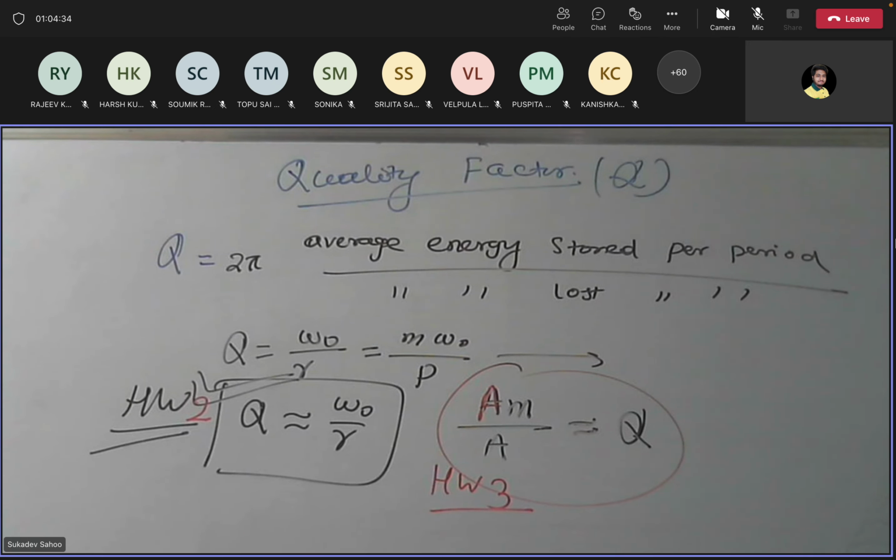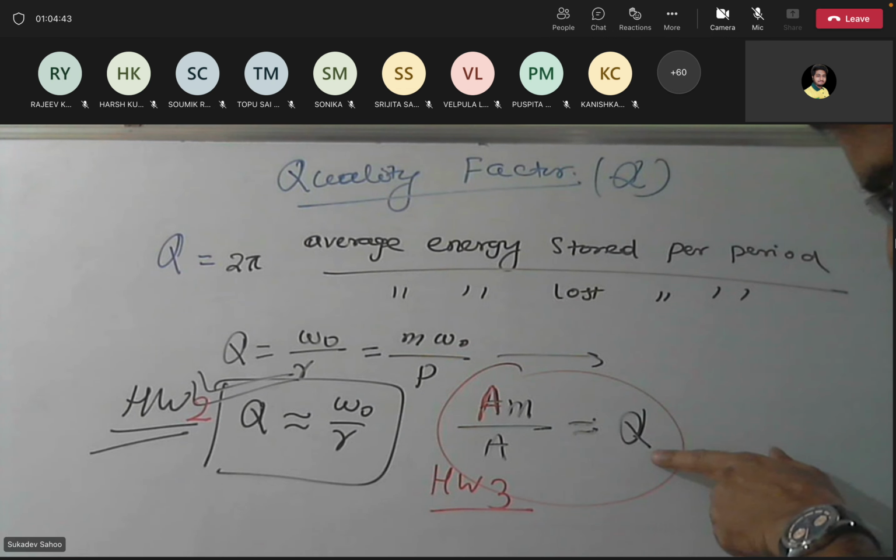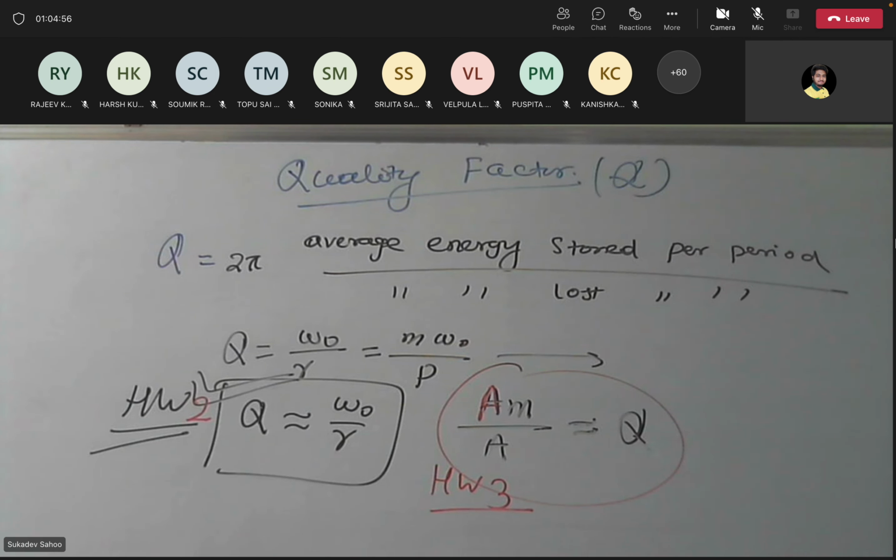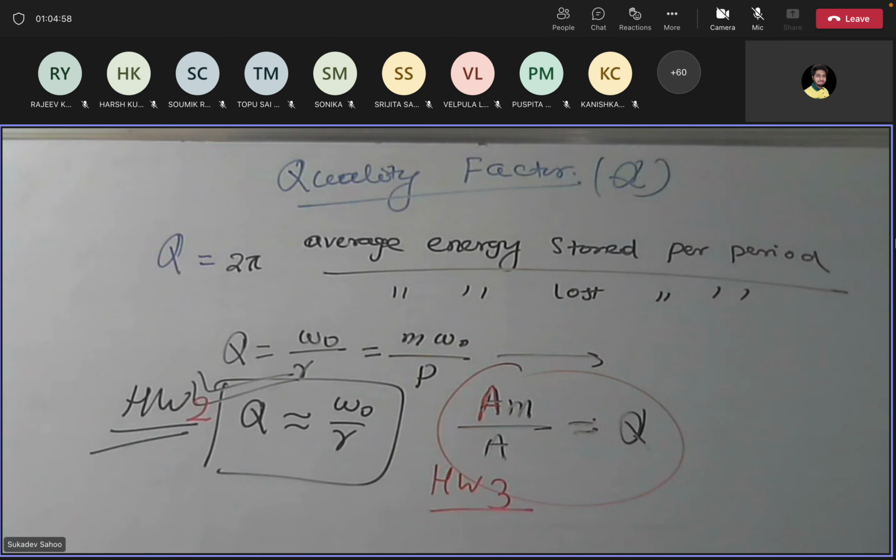Or in other words, your question will be like that: the displacement at low frequency is amplified by a factor Q. This is the original amplitude, now it is amplified by Q. So displacement at low frequencies is amplified by a factor Q at displacement resonance.